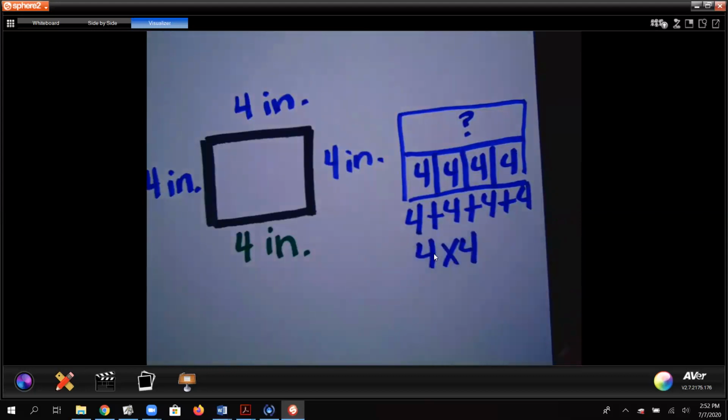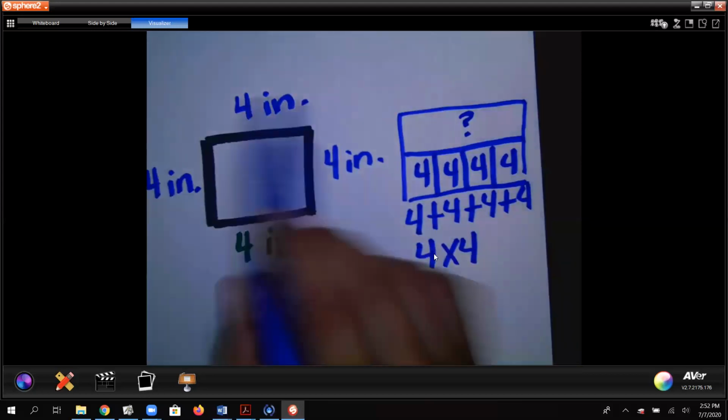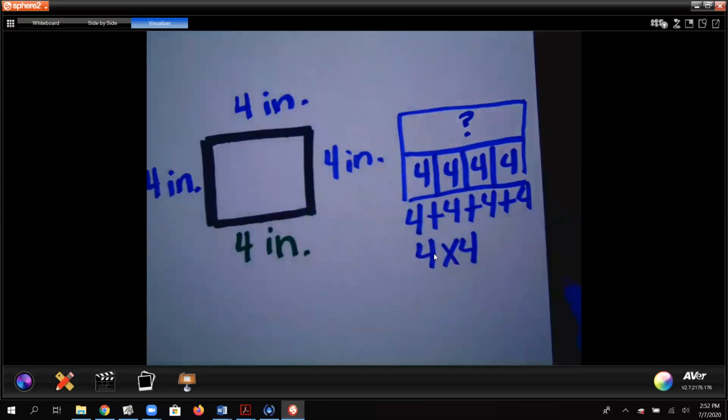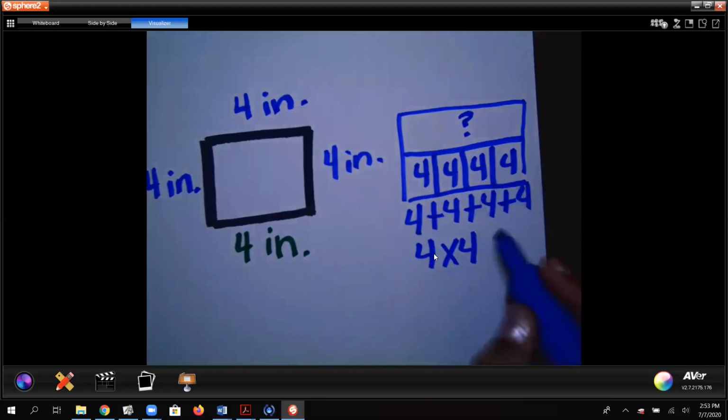Why are we able to multiply? Some students might say, but I thought you said we find perimeter by adding all the side lengths. But there's an exception when all the side lengths are the same, because when you multiply, you're multiplying equal groups together. These are all equal to each other, so you can multiply. You have 4 groups of 4. If students feel more comfortable doing repeated addition, that's fine too, because this is new to them. Whichever way they do it, they should get a total of 16 inches.